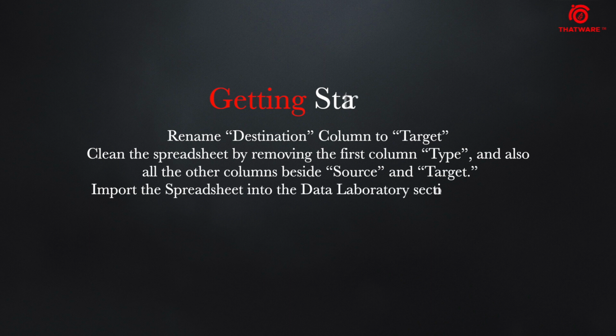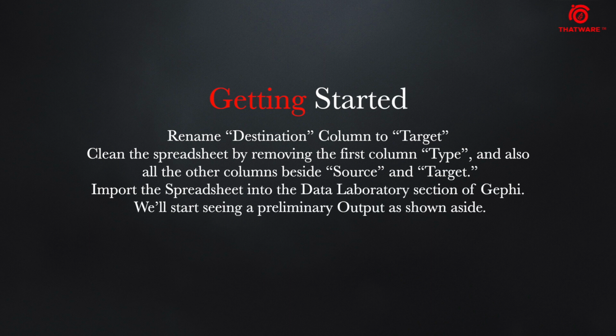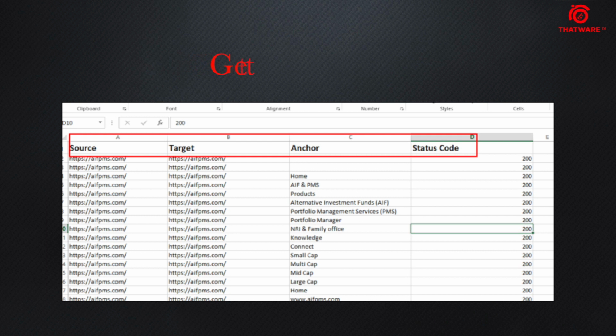Rename the destination as target, and also clean the spreadsheet by removing the first column, type, and the other columns besides the source and the target. Basically the main thing should be somewhat like this, the source and the target, and you can eliminate any other information. The destination should be replaced with the name target, and the source should be as it is. Remove all the unnecessary items.